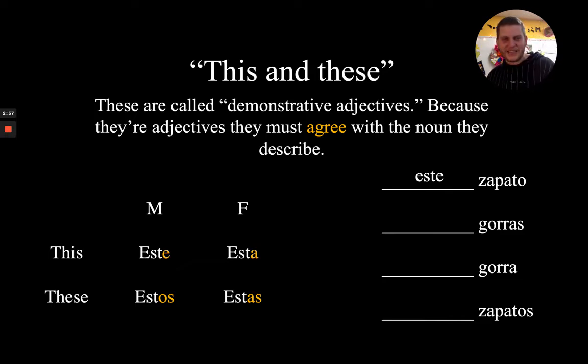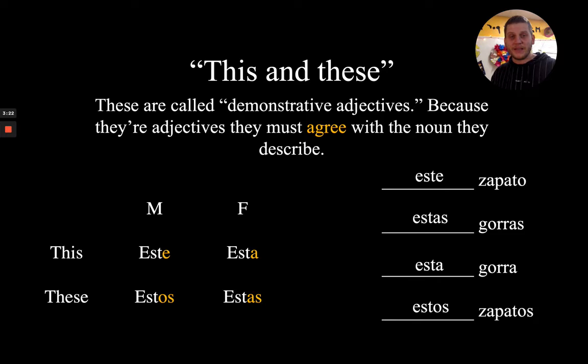Hats. These hats. Estas gorras. Check out the gender agreement there, y'all. AS, AS. Looking good. How about this hat? Singular. Esta gorra. This hat. And these shoes. Here we go. Estos zapatos, these shoes.